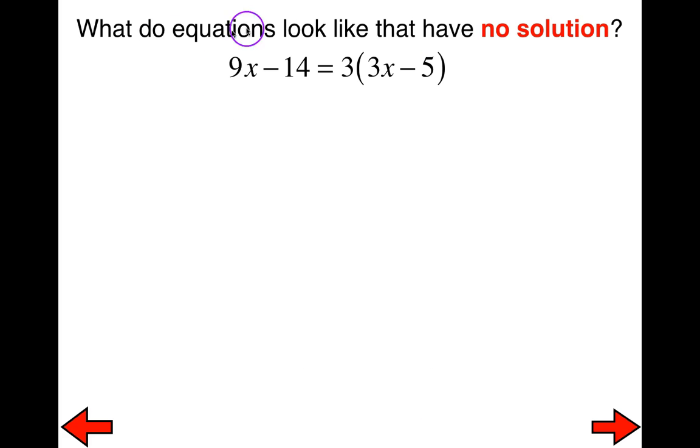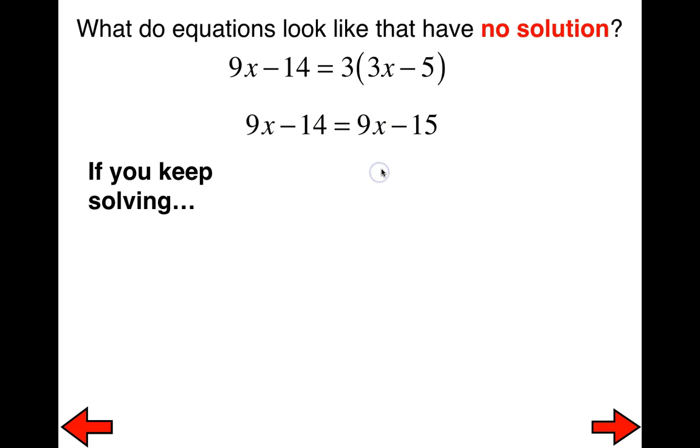So what do equations look like that have no solution? Well, in the previous slide, I did work this problem out, and when I distributed the 3 over to both terms, I ended up with 9x minus 14 equals 9x minus 15. Here, you can see right away that these expressions are not equivalent. 9x minus 14 is not the same as 9x minus 15.